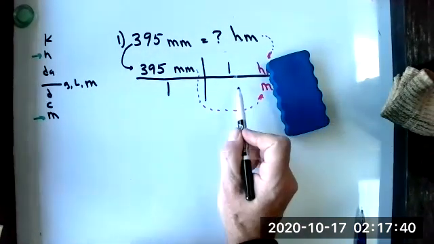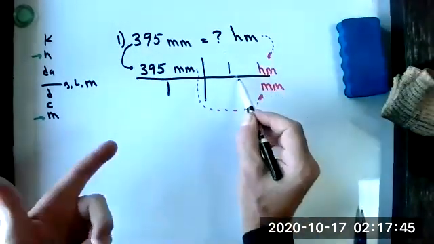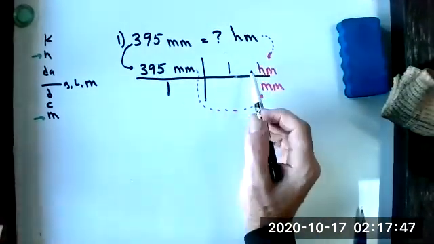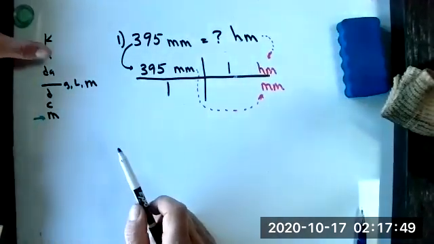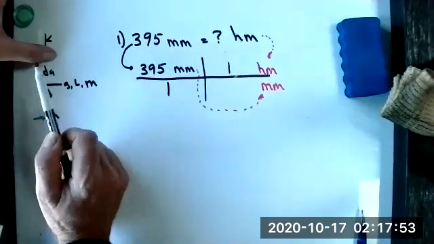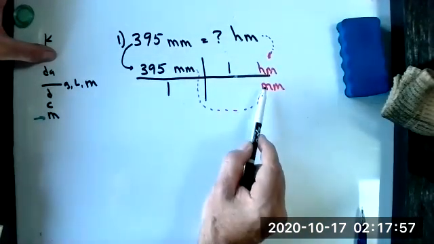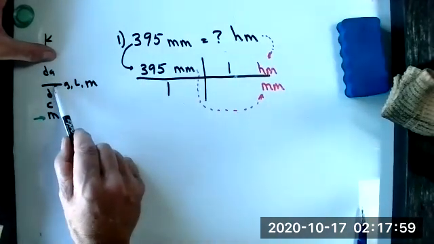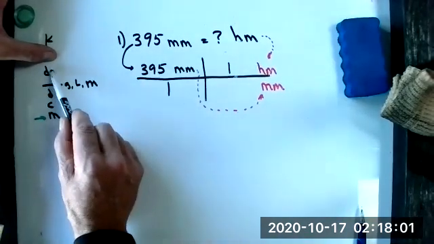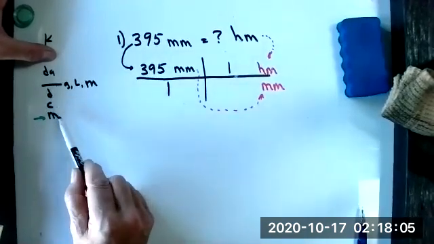Now I need to find out how many millimeters are in 1 hectometer. And that's where you go back to your scale. You find the larger of the two units, which was hecta. You block it off. And now you count down to the smaller unit. And don't forget to count the line. 1, 2, 3, 4, 5.